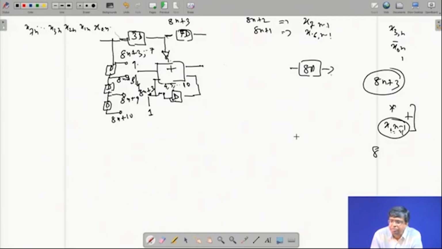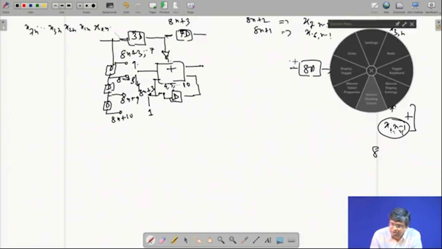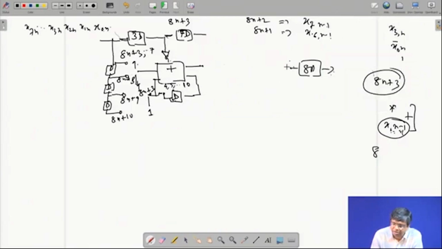And this is the cycle I am standing at. What is it I have here? I will have only that here which came here 8 cycles ago. Now at 8n plus 3, what is currently available? Currently available is x0n. So 8 cycles ago, who was available?